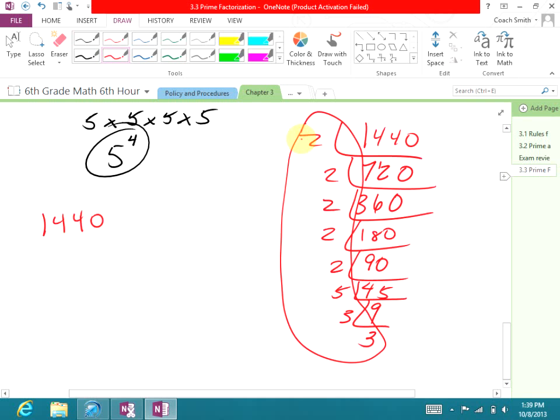There's all your prime factors. That's 1, 2, 3, 4, 5: 2 to the 5th power, times 3 to the 2nd power, times 5.